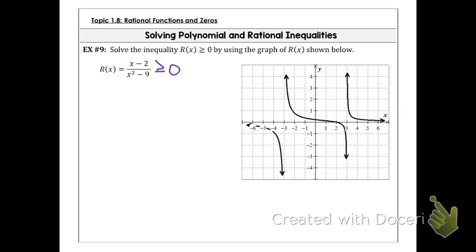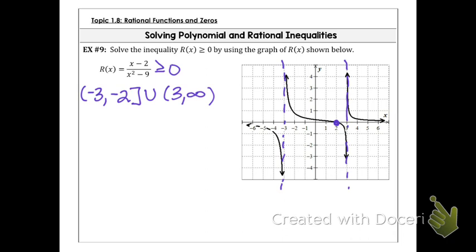We can see that it's going from this vertical asymptote at negative 3 all the way to that x-intercept at 2, and it's equal to, union, and then from that vertical asymptote at positive 3 all the way to infinity, it's going to be above it.